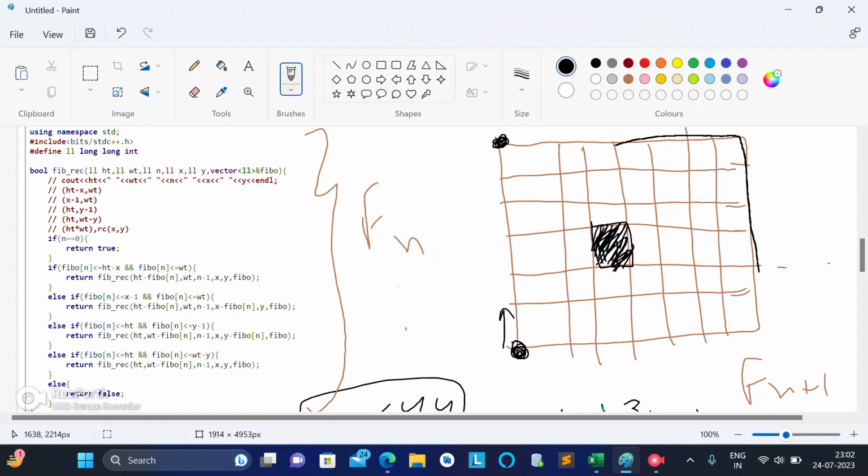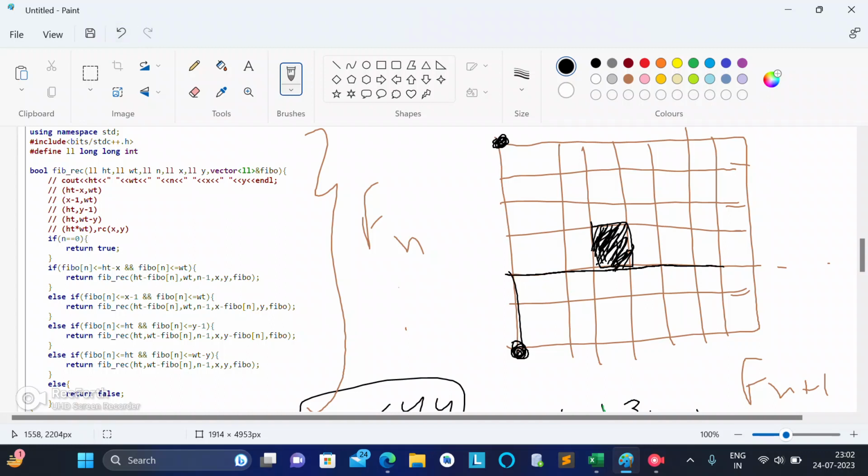Now what I've done is, I'm considering all the four sections: first this section, then this section, then this section.